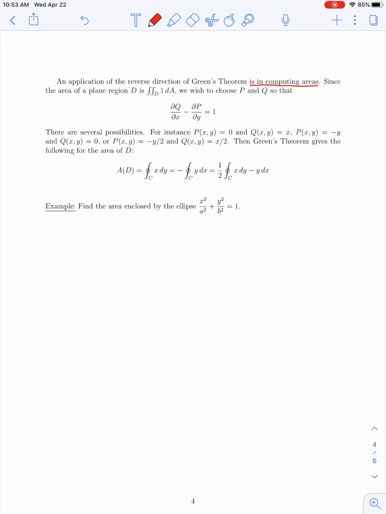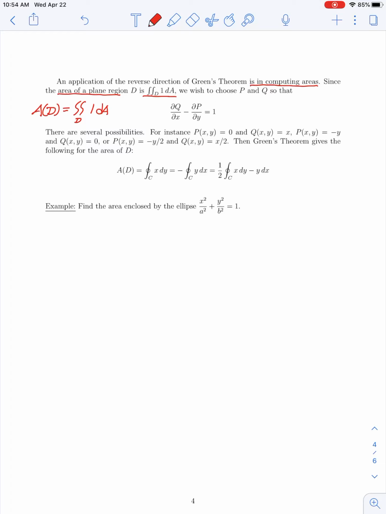Now we know that we can use double integrals to represent area. So here the area of any plane region D, we can recall, is given by the double integral of 1 with respect to area over that plane region.